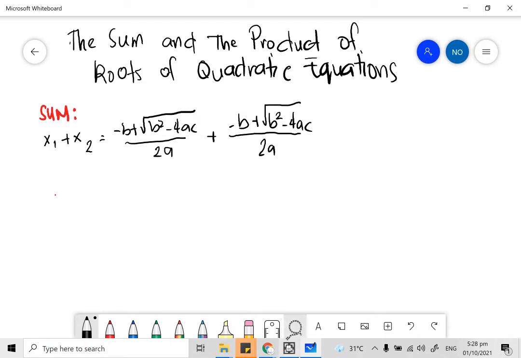Ay, correction, hindi pala yan plus, dapat yan ay minus. Okay? Kasi yun na po yung nauna natin yung plus. So minus po ito x sub 2 natin.